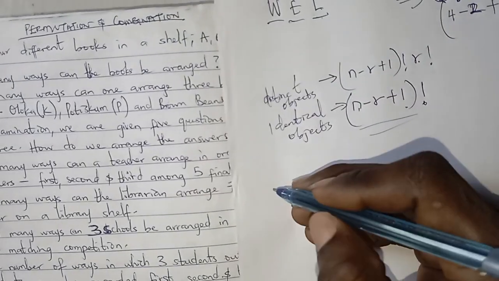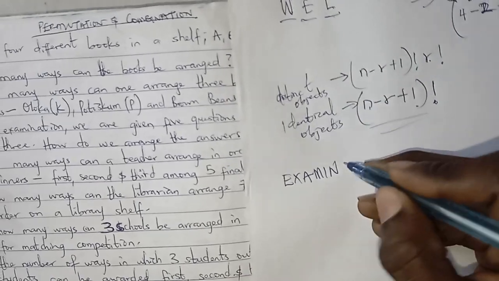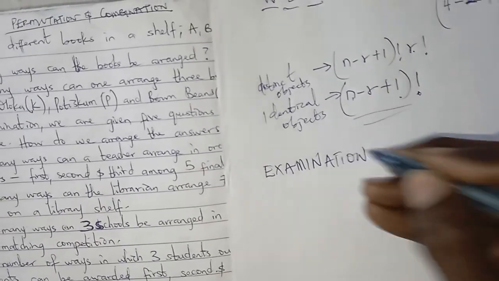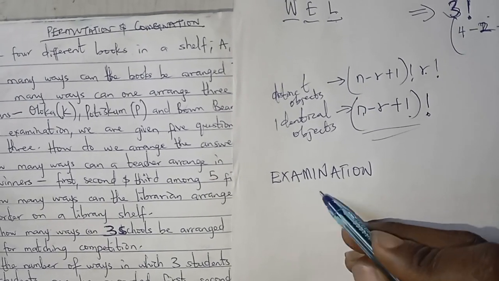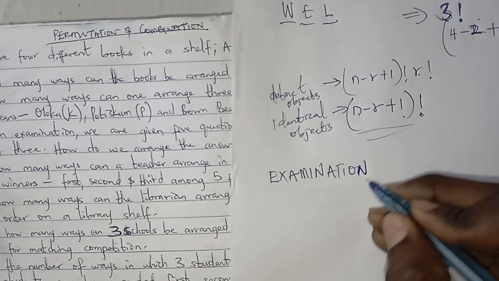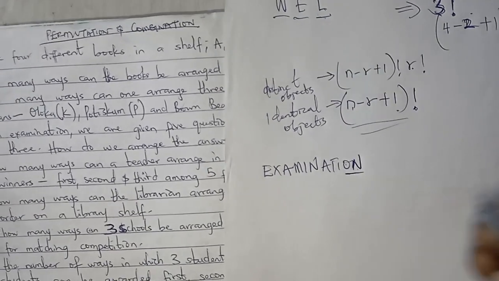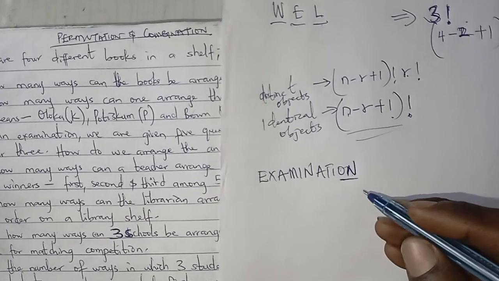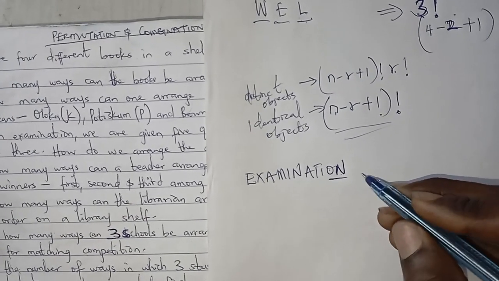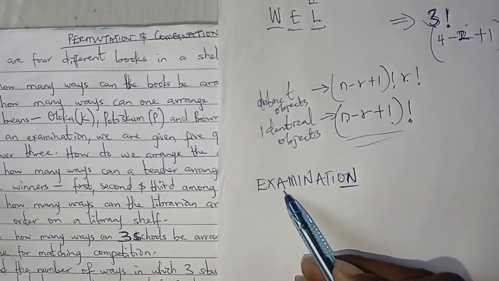Now let's say, for example, a word like EXAMINATION. Let's say they give me this word and they want me to make the O and N together. First of all, I'll count the number of objects here. Notice that this word has identical letters inside it.